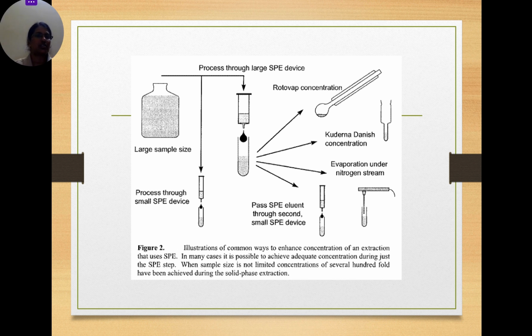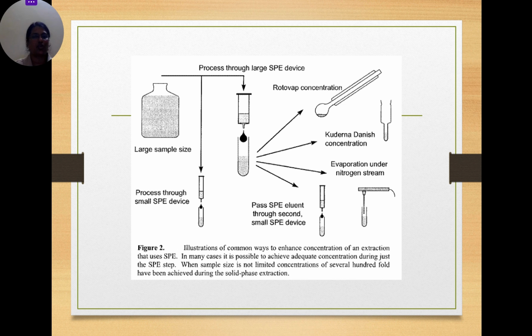Here we can see different large sample sizes as well as smaller sample sizes, and after processing the larger sample through a large SPE device as well as a small SPE device, we can see the differentiation. For a large SPE device, we have rotovap concentration, Kuderna-Danish concentration, and evaporation under a nitrogen stream. These are common ways of enhancing the concentration of analyte in an extraction procedure.